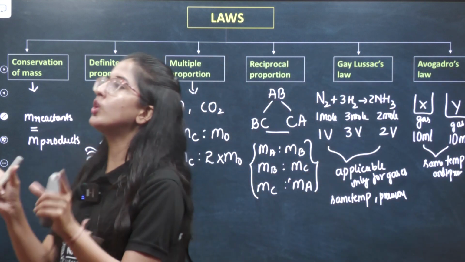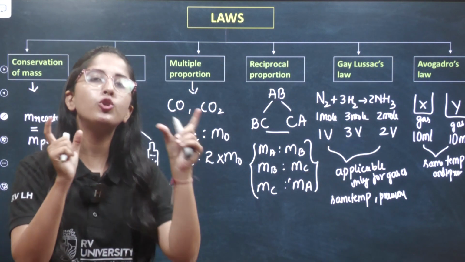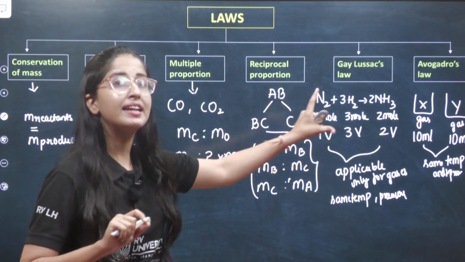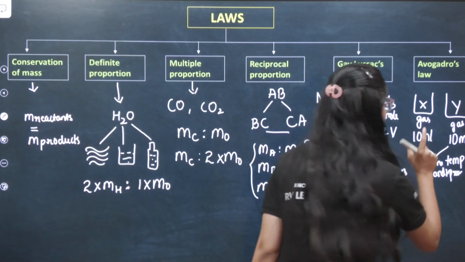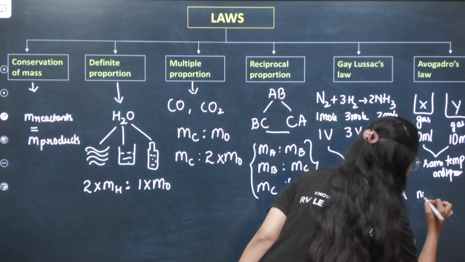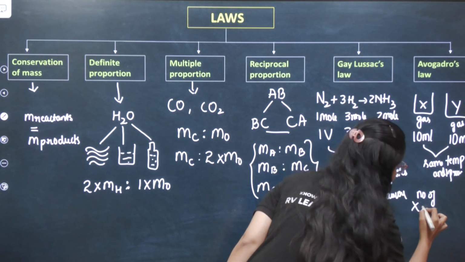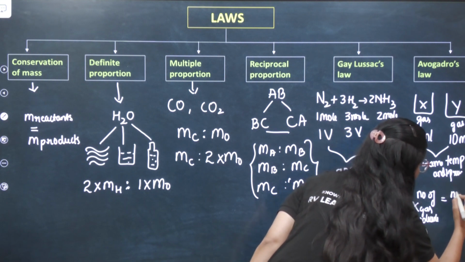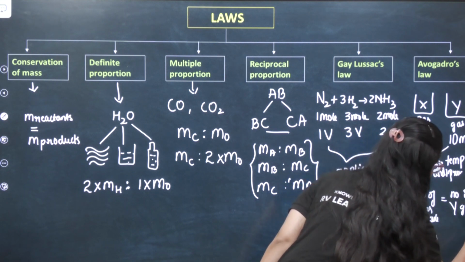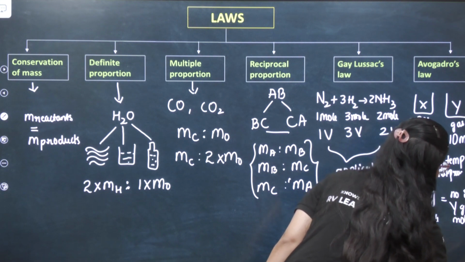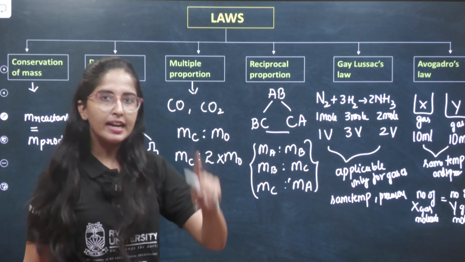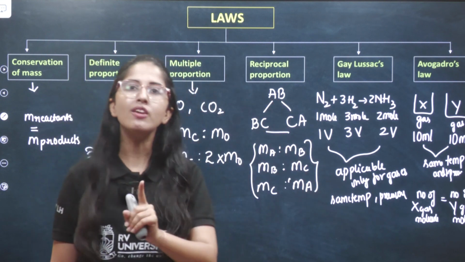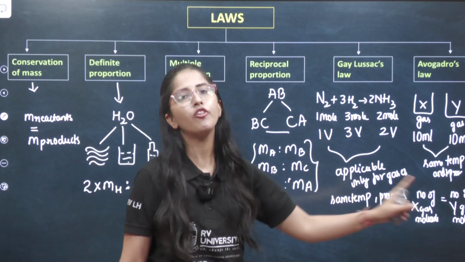I have taken 2 different gases of equal volume and maintained the same temperature and pressure. At this point, you might expect that the number of X gas molecules will be equal to the number of Y gas molecules. So that is your Avogadro's law. At the same temperature and pressure, 2 different gases of equal volume will have the same number of molecules.